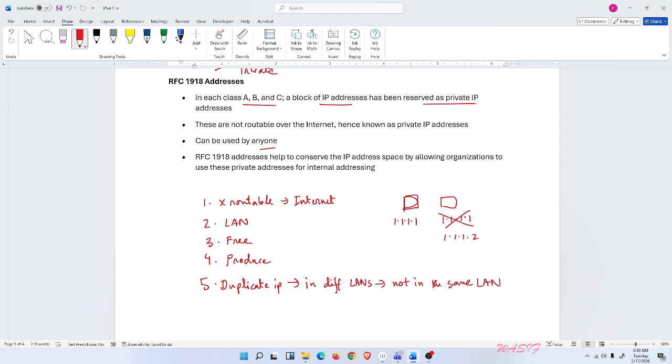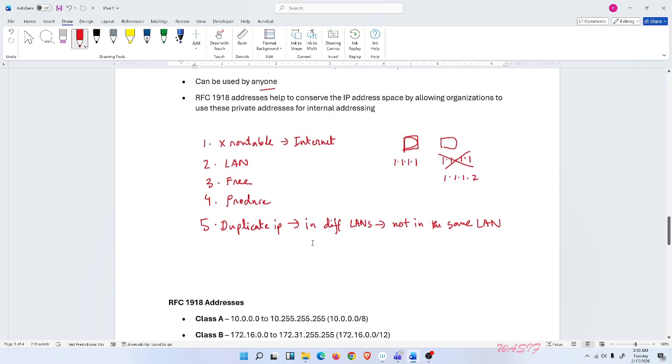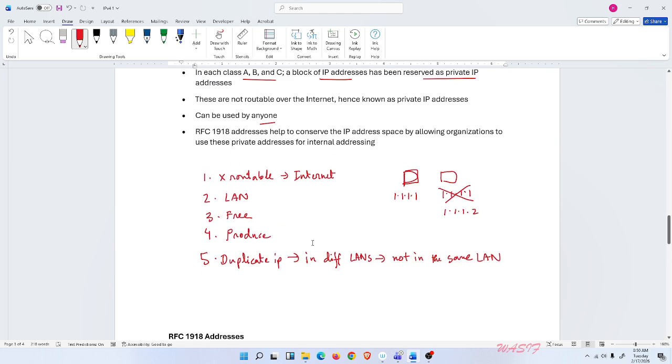Now look at here very carefully. Why do we need private and why do we need public? That's the first question: why does the private exist? If you look at the IP address, there is a limitation.